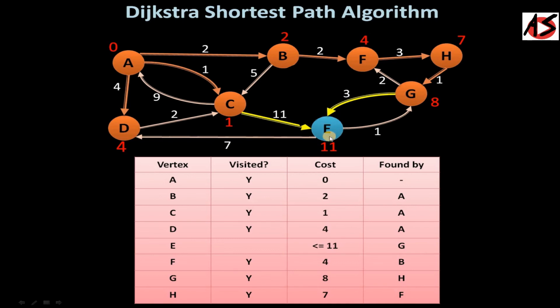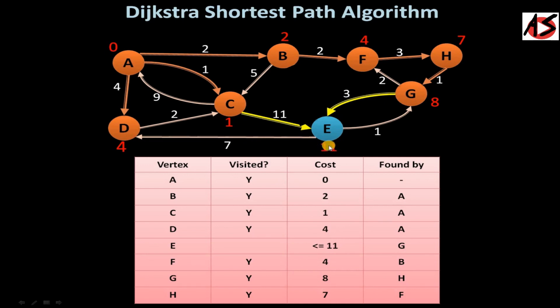So here earlier the cost of node E was 12 here. And if you are coming through the new path, you will get the cost 8, that is the cost of G node, plus 3, that is the cost of G to E, that is 8 plus 3, that is 11, and it is less than 12.